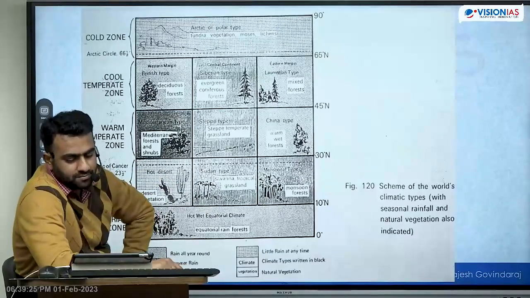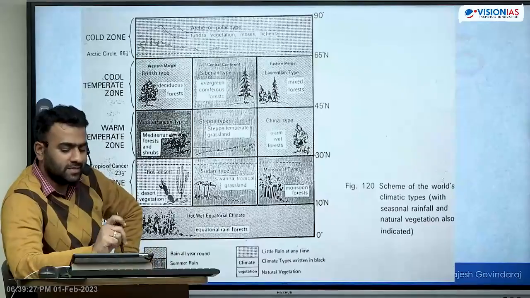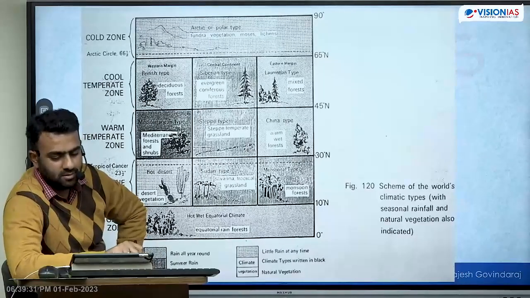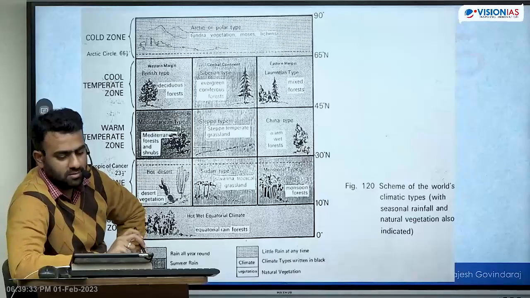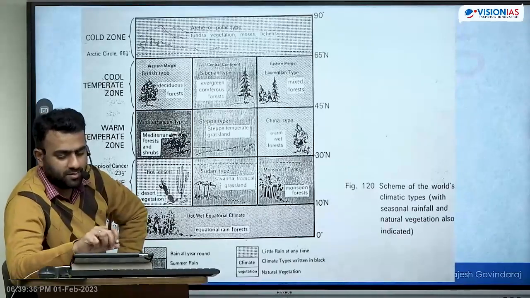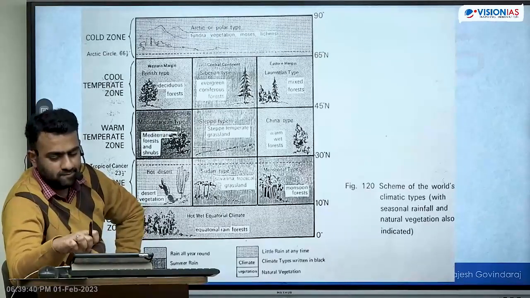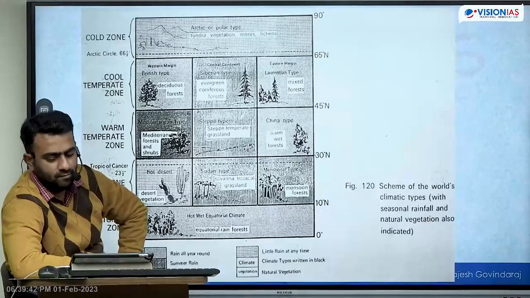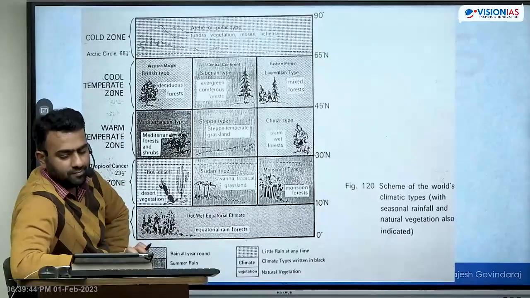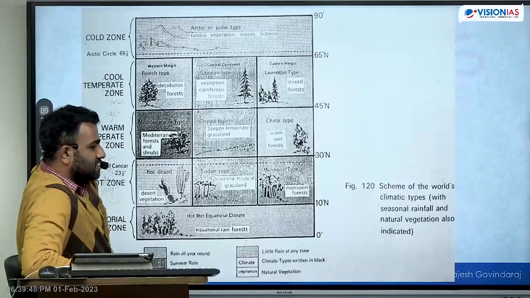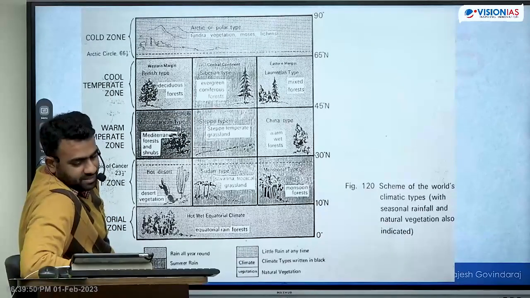Next point. These are the grasslands in tropical regions. The precipitation, next point, the precipitation is lesser than eastern margin.